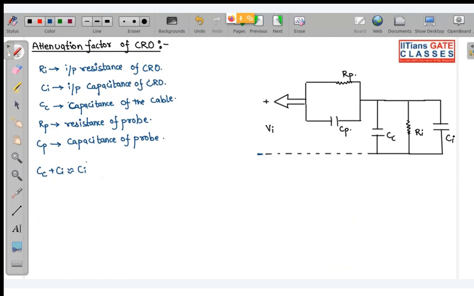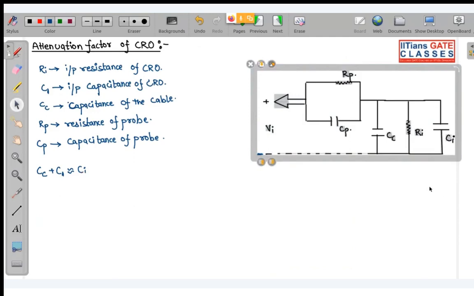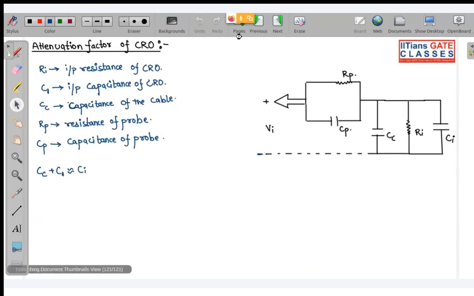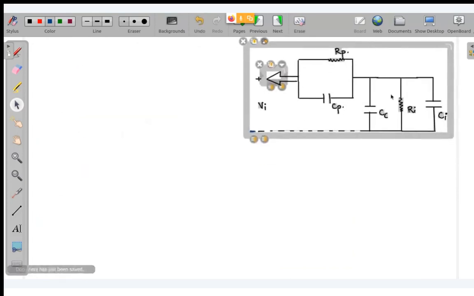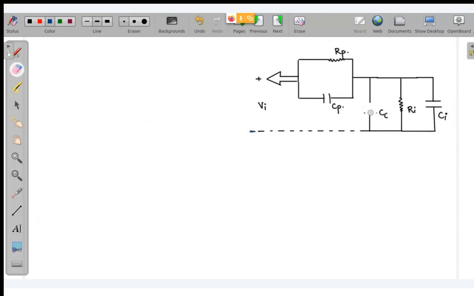I can even write it as Ci dash. I can make this as C1, and over here I can write Cc plus C1 is equal to Ci. So one more diagram let me make, on the next page. Let me remove this Cc.